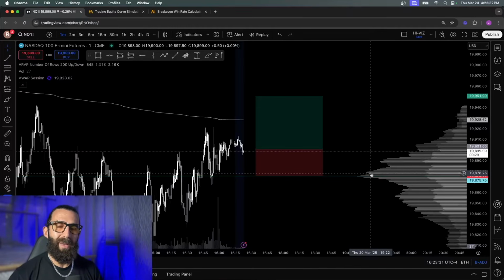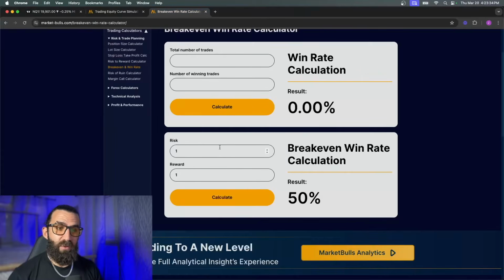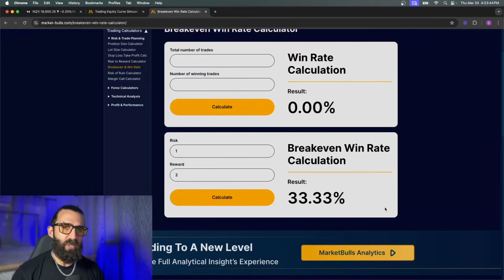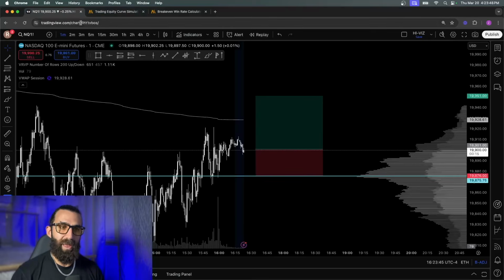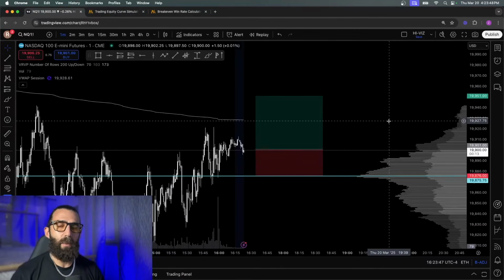We should end up at break even. And the break even win rate on a 2-to-1, risking 1 to make 2, would be 33.33%. We would be losing more trades than we win, but we should still end up break even in the long run given random market conditions and not giving commissions, fees, spreads, swaps if you're in Forex, anything else that goes into this.